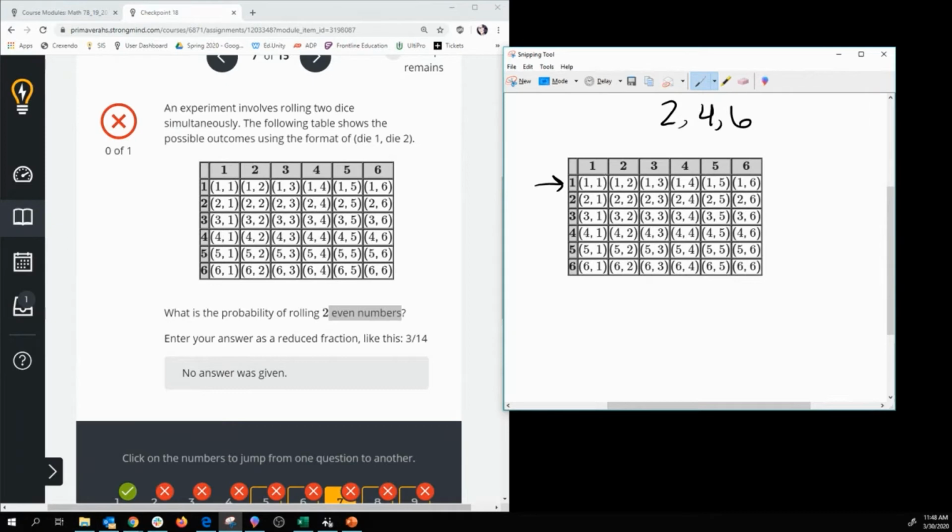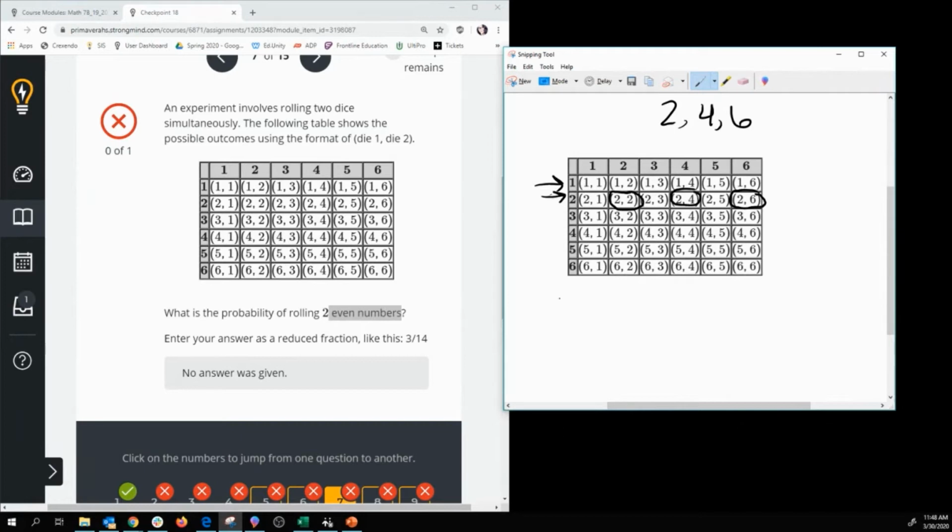If I look at the second row here with 2s, 2 is even, but the first one, 2, 1, this 1 here makes it not work because 1 is odd. But 2, 2, these are both even, so that counts. 2, 4, these are both even, so that counts. And 2, 6, these are both even, so that one counts.